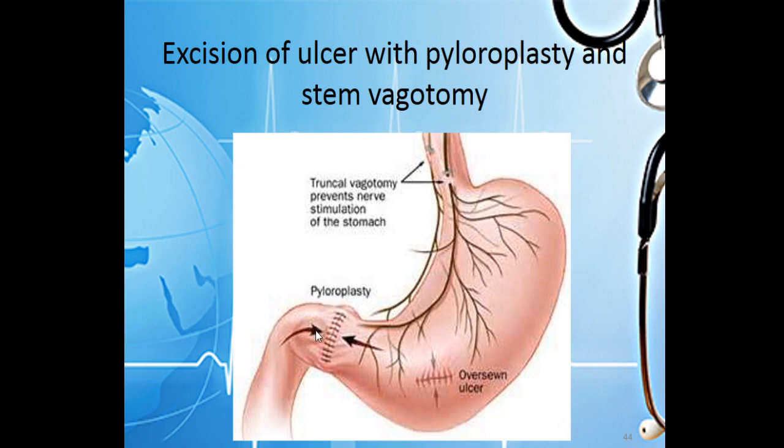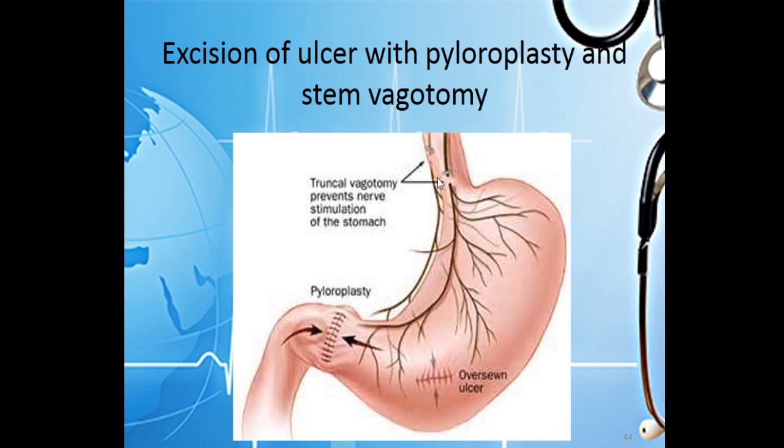Then I find the bleeding ulcer on the back wall of the duodenum and stitch it. So the first step, I stitch the bleeding ulcer. Second step, I stitch the pylorus in a cross direction, pyloroplasty. And third step, I make bilateral truncal vagotomy.